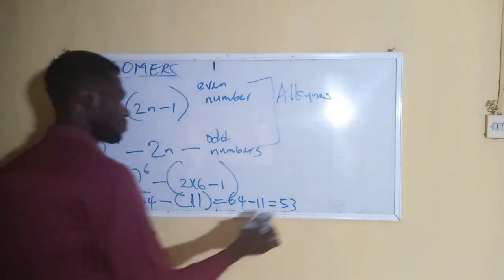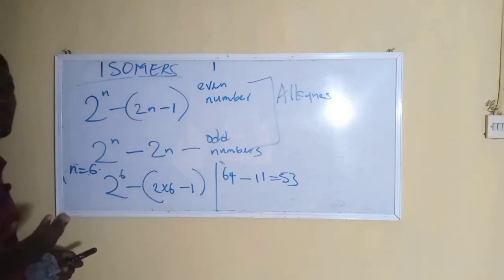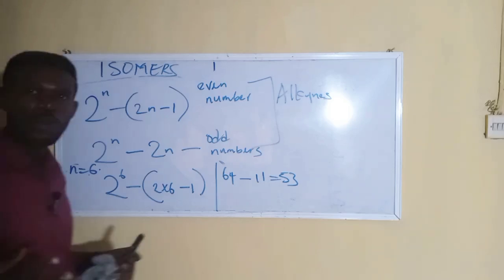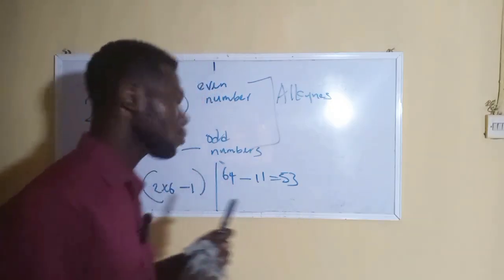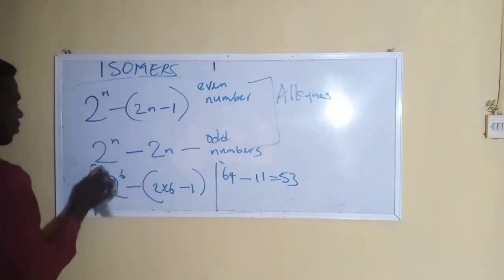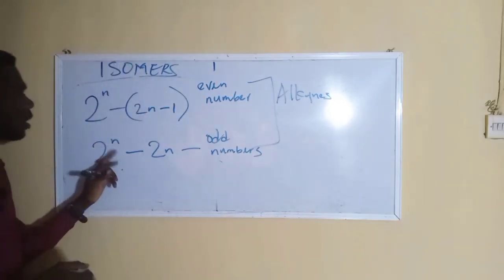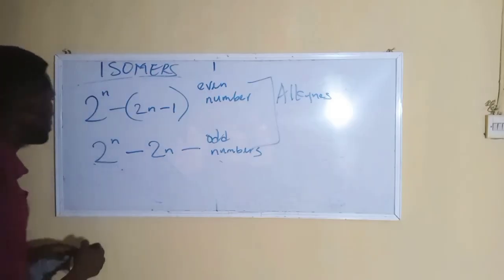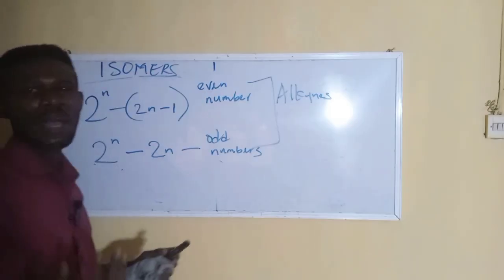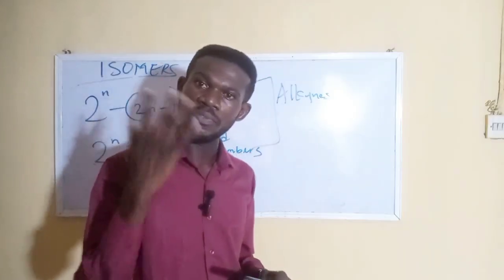Now, when you open this, it is going to be 64 minus 11, and that gives you 53. But if you wanted to deal with something that has an odd number of carbon atoms, what are we going to work with? We are working with this one here: 2 raised to power n minus 2 times n. And if you are dealing with, for example, pentyne, that's carbon atom 5.